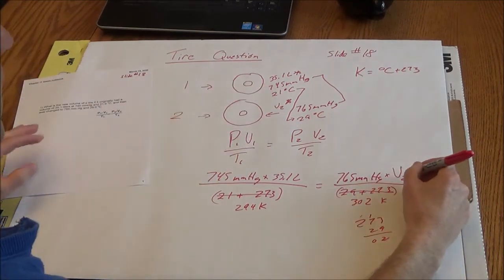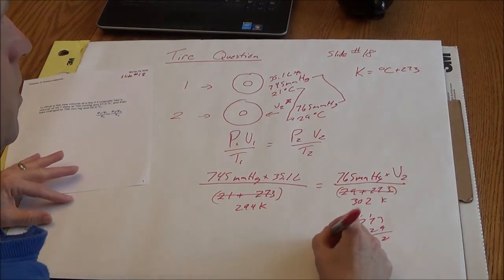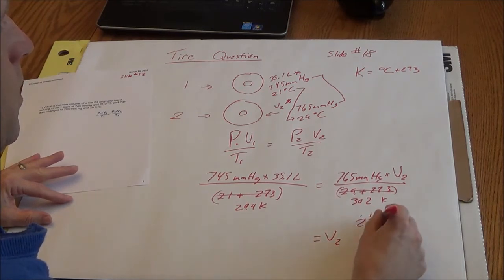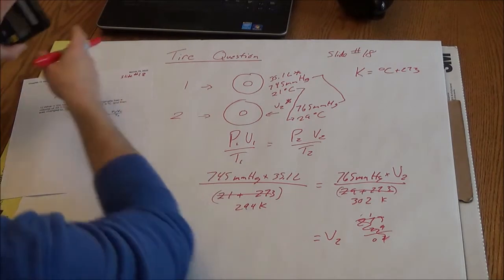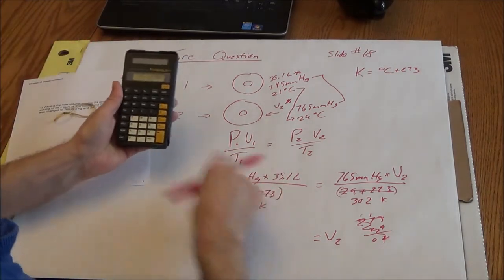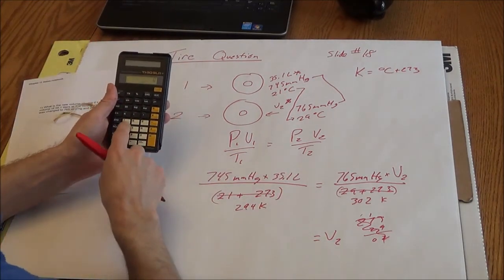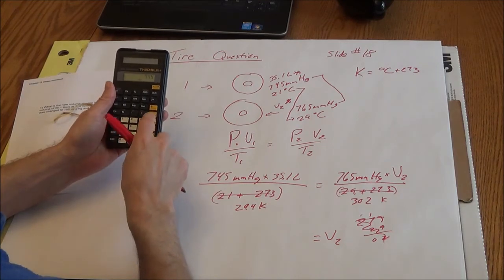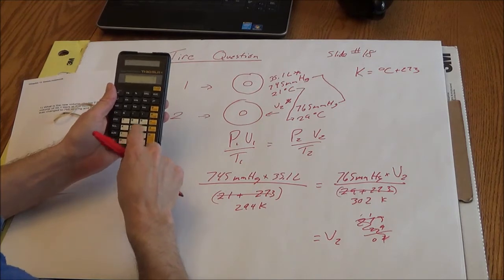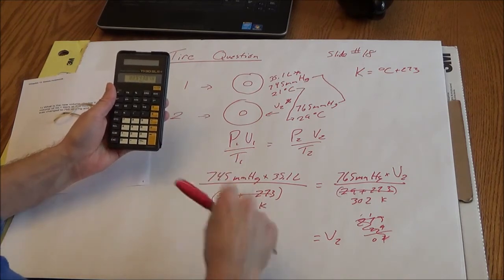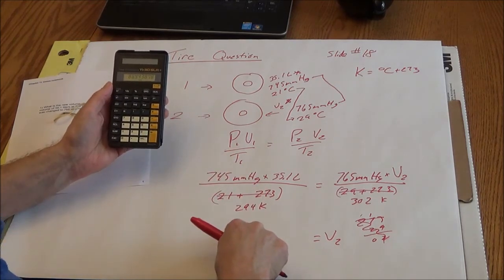So now all I have to do is the algebra to solve for V2. So what would I do on my calculator? I'm going to solve for this whole side. So I'm going to take 745 times 35.1 and divide it by my 294. So this side is about 89.